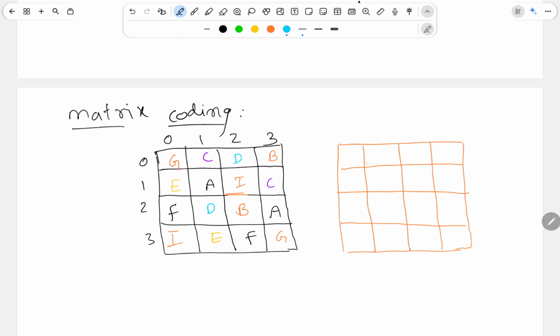So U, P and P, they can take any other, not particularly exactly what I am doing. I am just taking randomly.